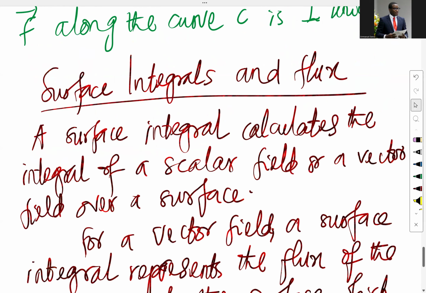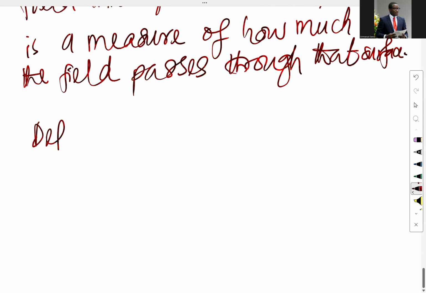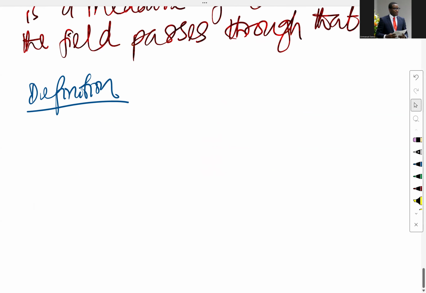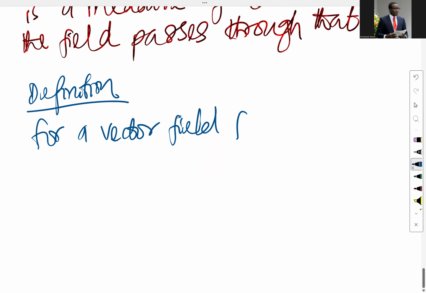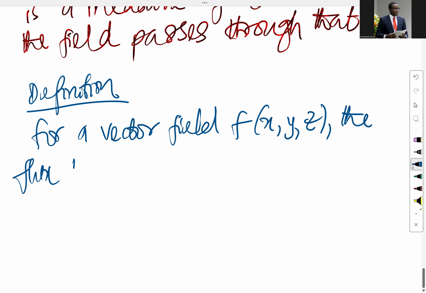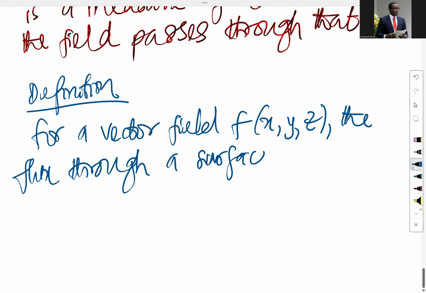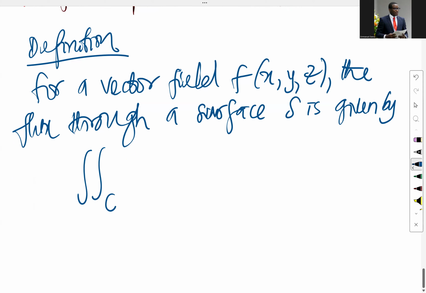So let's do a definition of this idea. Definition: for a vector field F of x, y, and z, the flux through a surface S is given by a double integral on the surface.